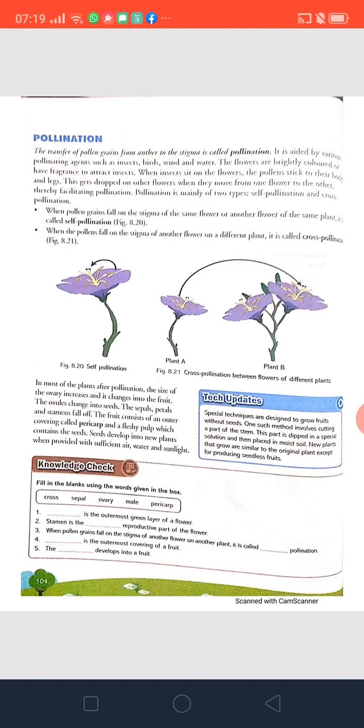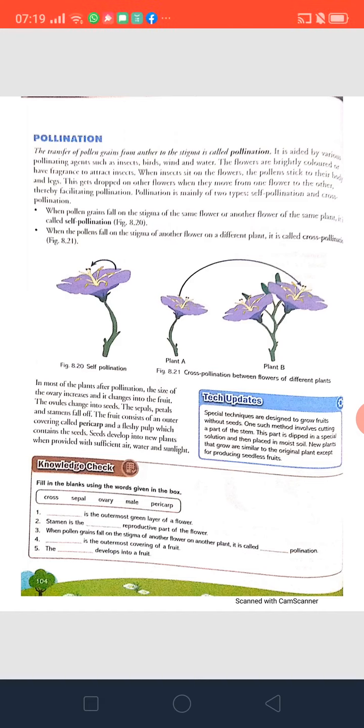So in this way, transfer of male gametes occurs, and this is known as pollination. What do you mean by pollination? The transfer of pollen grains from anther to the stigma is known as pollination.